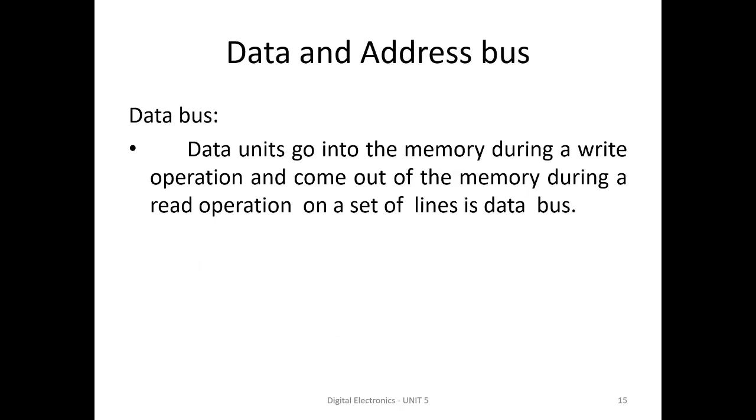So, the data bus. Data units go into the memory during a write operation and come out of the memory during a read operation on a set of lines called the data bus. Since we are dealing with a lot of memories, a lot of lines, a lot of address lines are used, and combined they are called a bus. Data lines are always bidirectional, going to and fro: data comes from the input devices and goes to the output devices also.